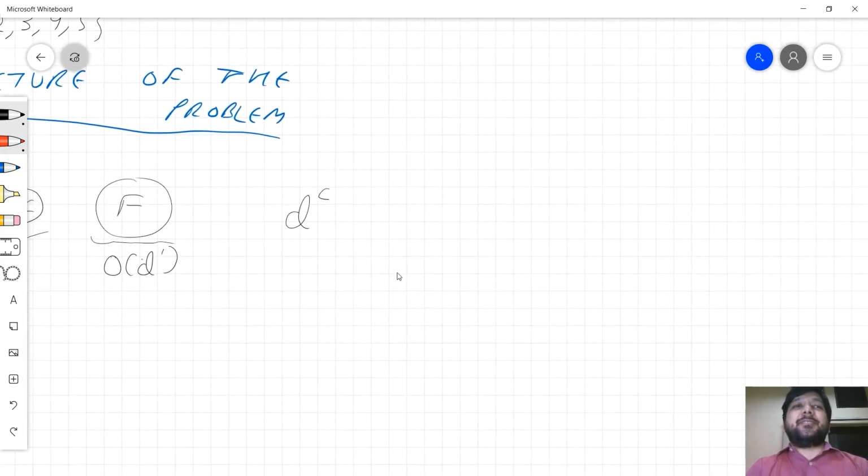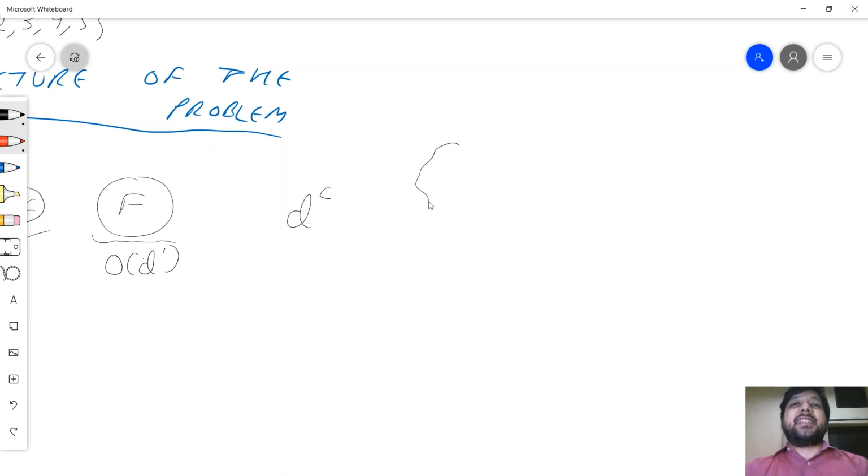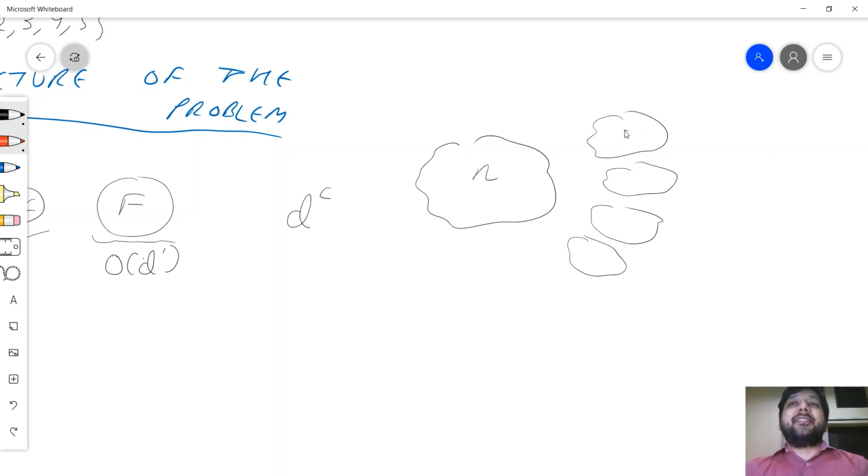Drawing it visually, instead of this graph of n, on close observation I observe that these are cycles of maximum length c, and there will be n by c such cycles. So it's an exponential on the cycle length.